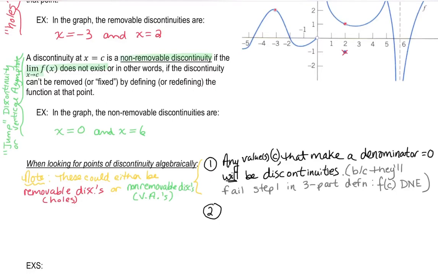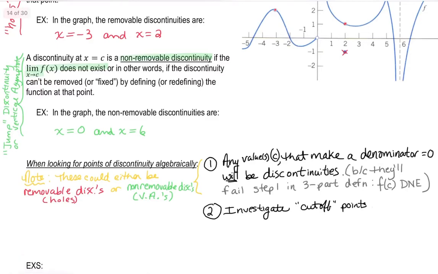The second thing we're going to have to do is investigate what I refer to as those cutoff points of piecewise defined functions, those points where the function is changing definition.